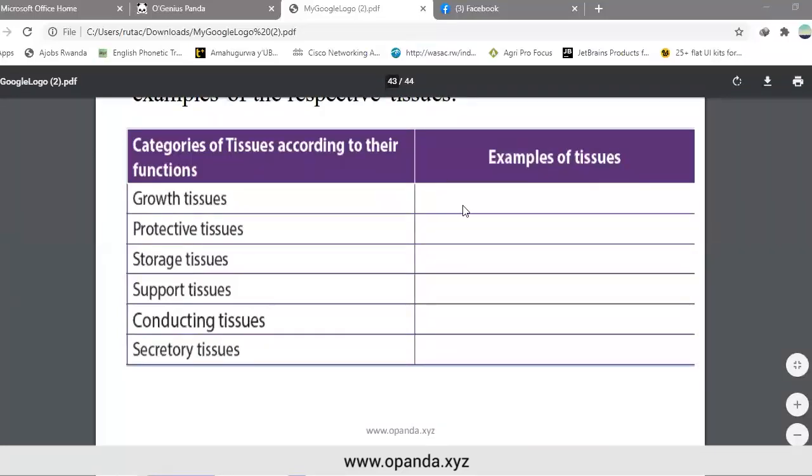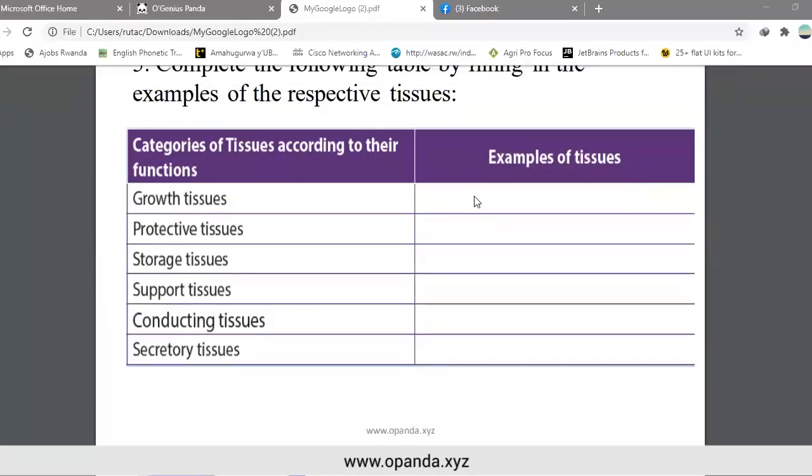Okay. I think I can put apical meristem. For growth tissues, you put meristems. Yes. For protective tissues. Yes, Irene. Thank you. On protective tissues, I can put there sclerenchyma.